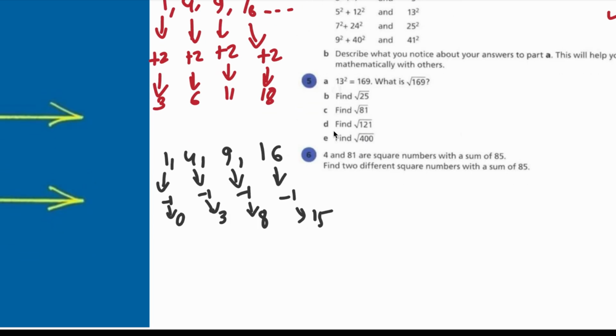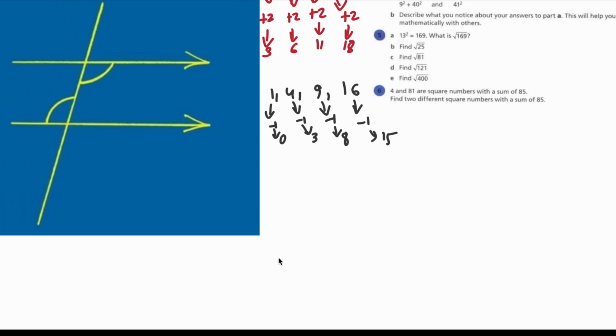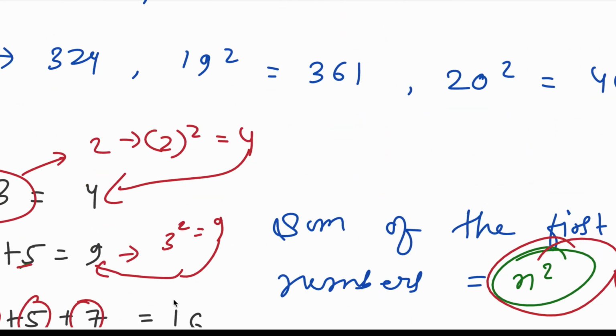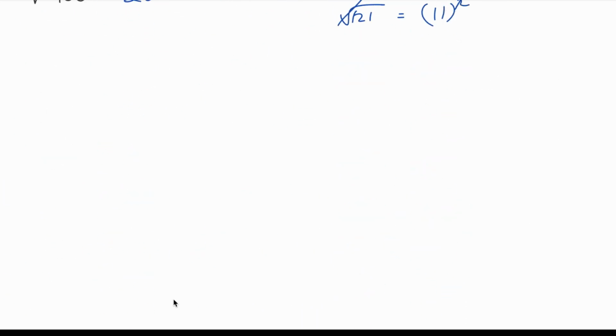For question number 6, 4 and 81 are square numbers with a sum of 85. Find two different square numbers with a sum of 85. Great. Question number 6.